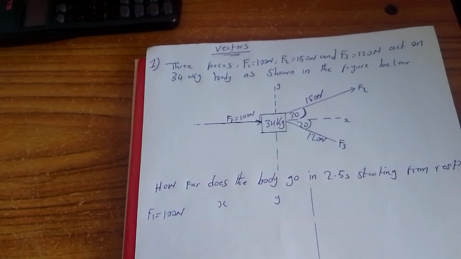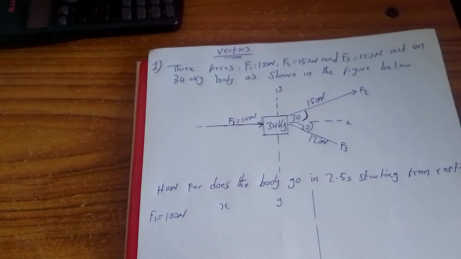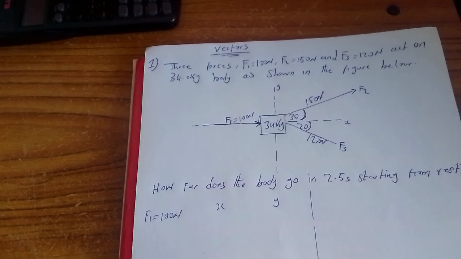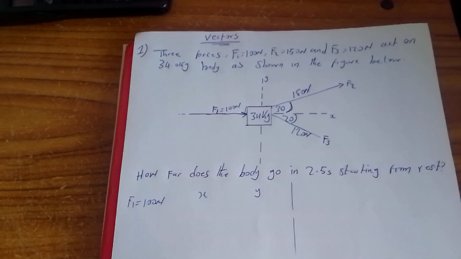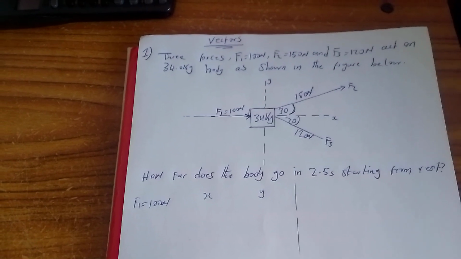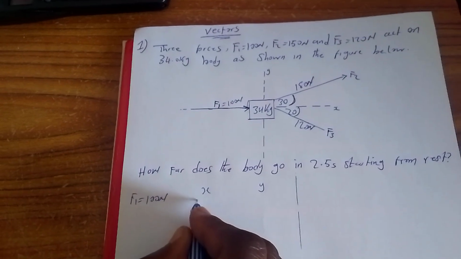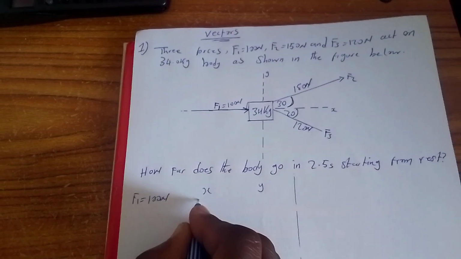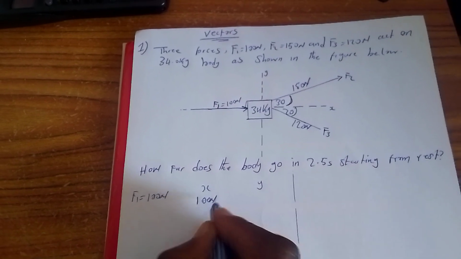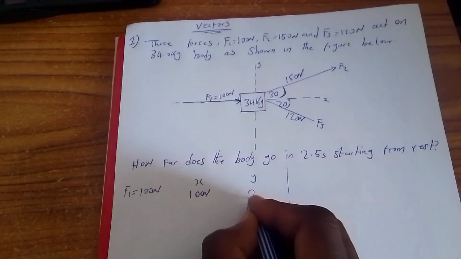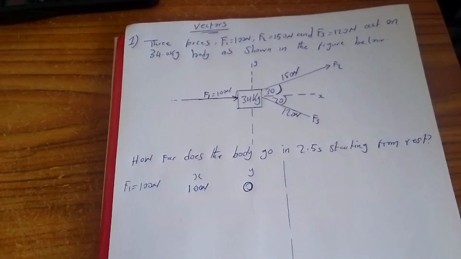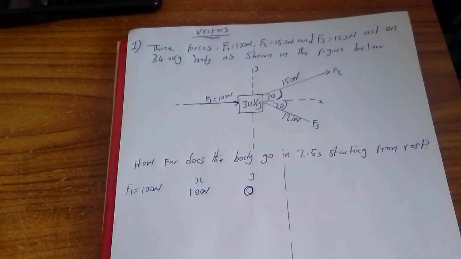And when the force is going toward the x-axis, this simply tells us that it is positive. So it is 100 newtons, and for y it is 0 because it is along the x-axis.